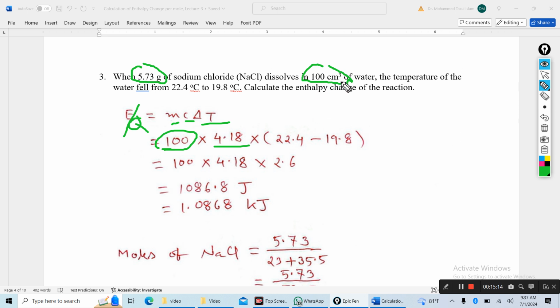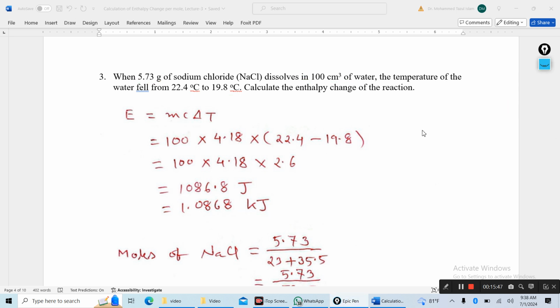So here you see 100 centimeter cube, that means 1 centimeter cube equals 1 gram. This is an assumption. So 100 centimeter cube equals 100 gram. C value is constant 4.18, and the change in temperature is 22.4 minus 19.8, you get 2.6. If you calculate, you will get 1086.8 joule. So now 1.086 kilojoule.